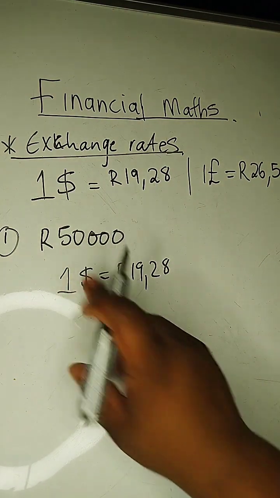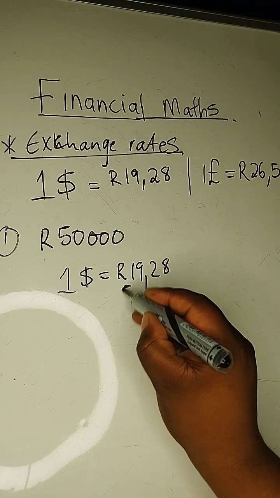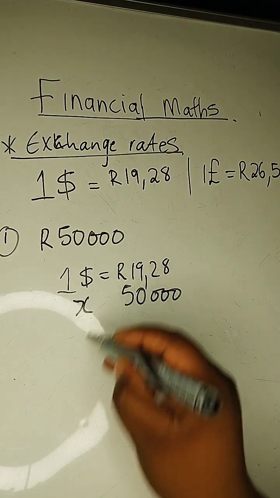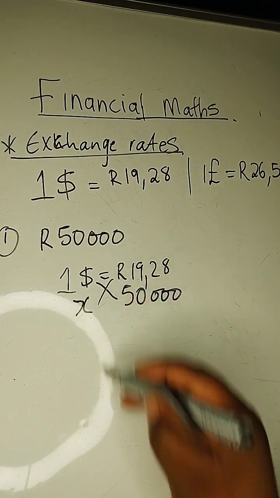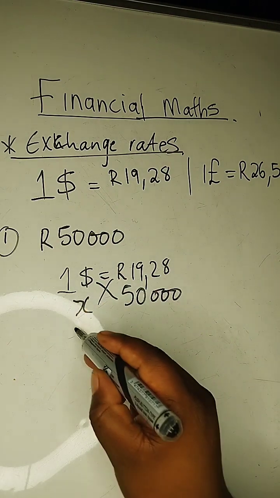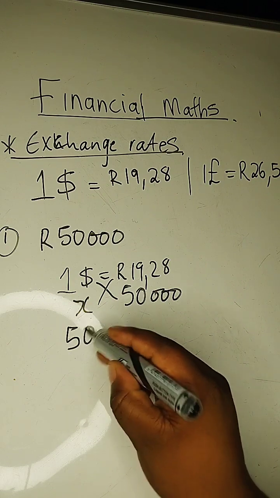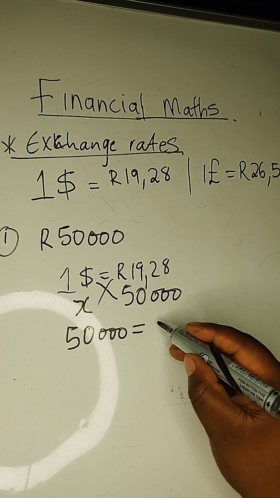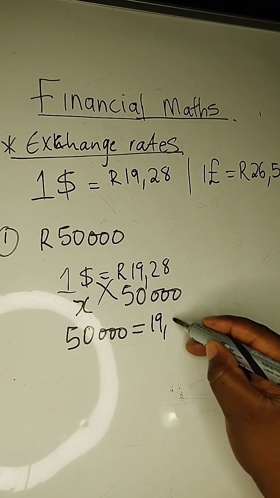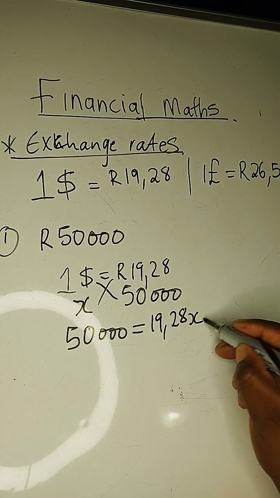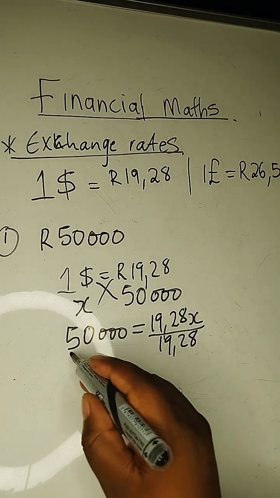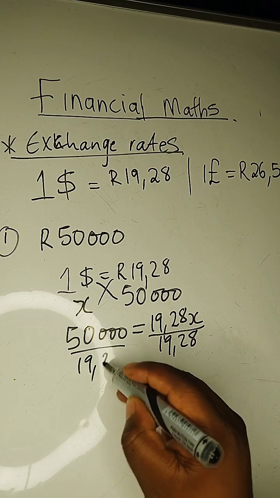In this case you have rands, so you insert 50,000 here. Here you insert X, then you cross multiply. When you cross multiply, you will have 50,000 rand equals 19.28x. Then we divide by 19.28.